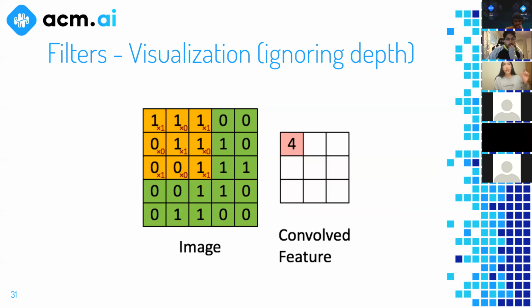If the cat's ear is at the very top left corner, or at the very bottom right corner, because the weights are the same, no matter where the ear is, we're eventually going to find it. Having the same weights, no matter where you go along the image, means that eventually it's going to light up at some point based on the multiplication that we do, which is really big, because translation is something that we try to not be super sensitive to.